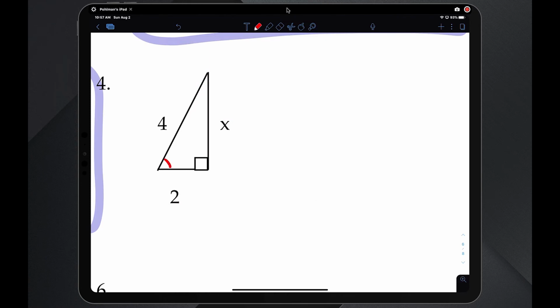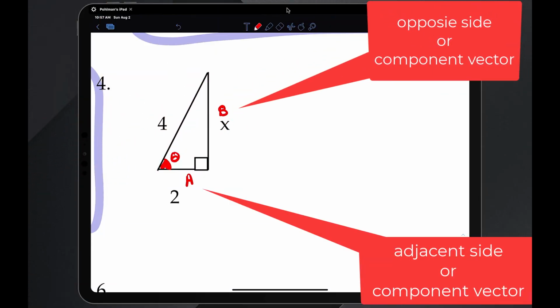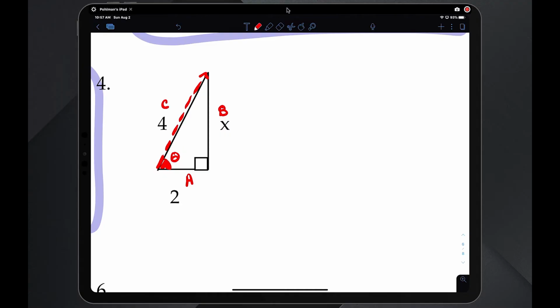Number 4, we have theta down here, let's say this time. That means that 2 is the adjacent side. We have x is the opposite, we'll call that b. And then we have 4 is the hypotenuse, so that's your resultant vector, side c. We're trying to find b, so again, we're going to have b equals the square root of 4 squared minus 2 squared.